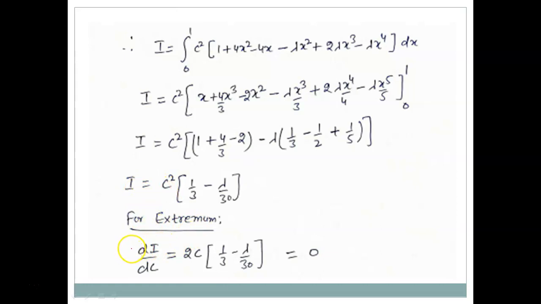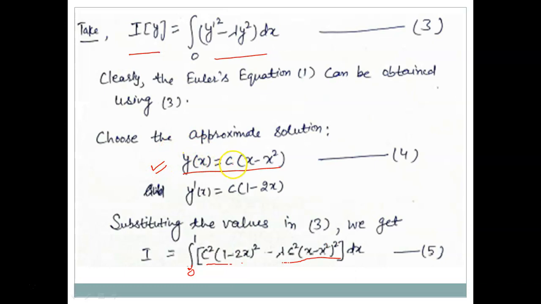The condition for existence of an extremum is that the first order derivative equals 0. When you take this first order derivative dI/dc, it gives 2c times this thing equal to 0. From this we have two possibilities: either this part is 0 or c equals 0. But if c equals 0, you will get 0 here, which means we get the trivial solution.